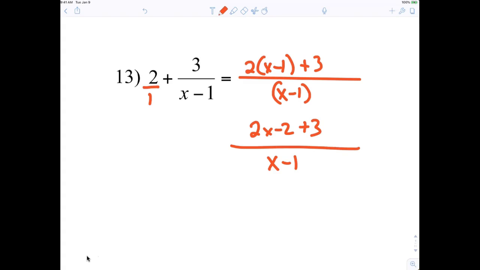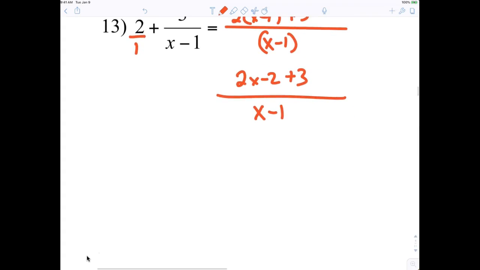Over x minus 1. All right. And then negative 2 plus 3 equals 1. So your answer is what? 2x plus 1 over x minus 1. All right. Anybody have any objections to that?